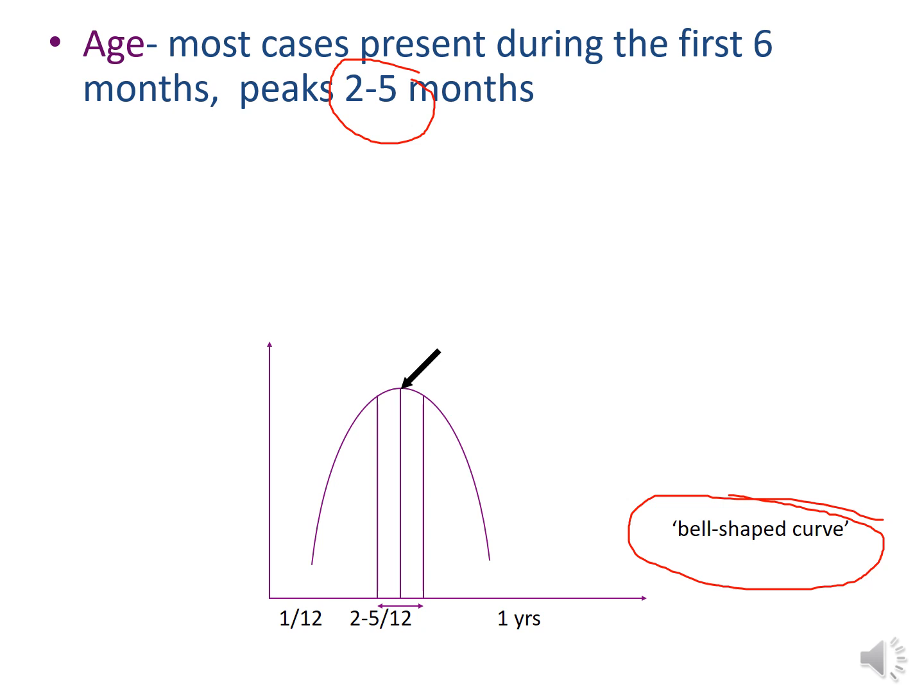During the first month of life, SIDS is rare. I can't say none, but the number is less. But one thing that I want to tell you: during this time, we can get lots of what kind of deaths? Infanticide cases. So this is a bell-shaped curve where you get the peak number of deaths, or the peak duration, at 2 to 5 months.